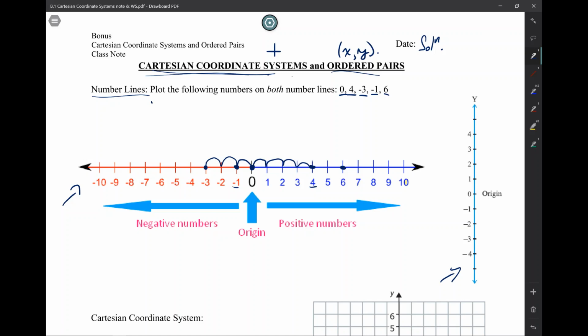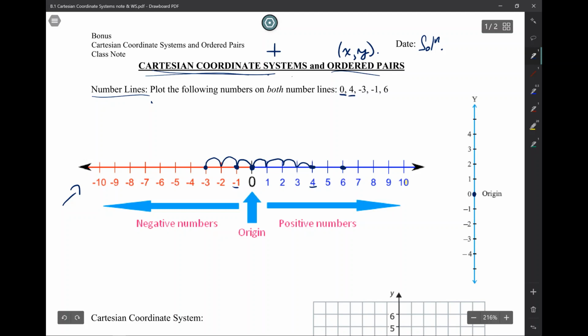Now, if I take a look at my vertical number line down here, I notice this one isn't color-coded, but when it's written out vertically, then the positive numbers are written above the origin, the negative numbers are written below the origin here. So let's just quickly plot what we have. We'll plot the exact same numbers. I have the number 0, that's right at my origin right here.